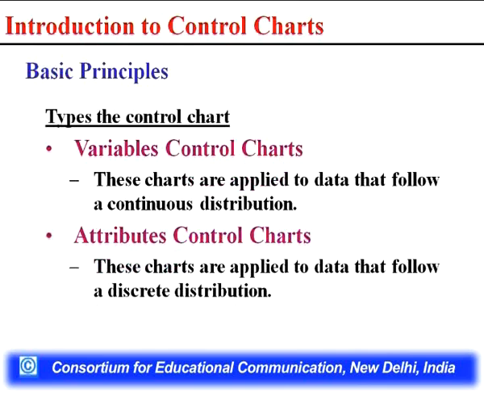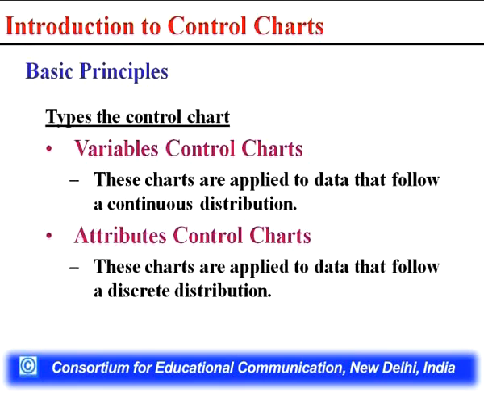Basic principles we are discussing: variables control charts and the attributes control charts. There are two types of control charts we make. We will discuss what exactly is control chart, but first we want to make it clear that there are two types of charts.